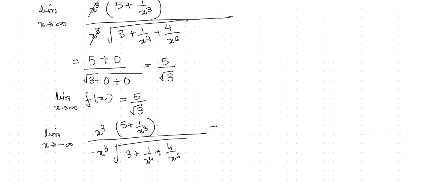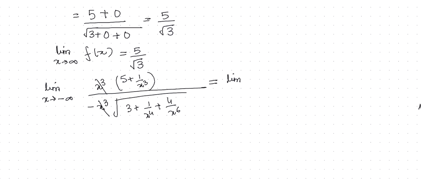So this cancels, and the limit as x tends to negative infinity gives 5 plus 1 over x cube, and this is negative 3.